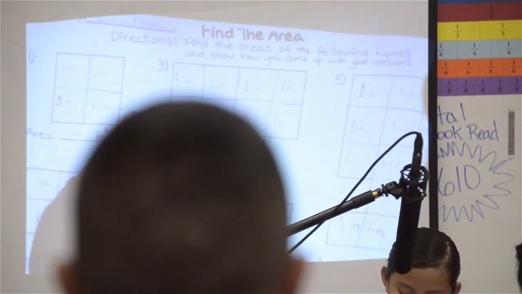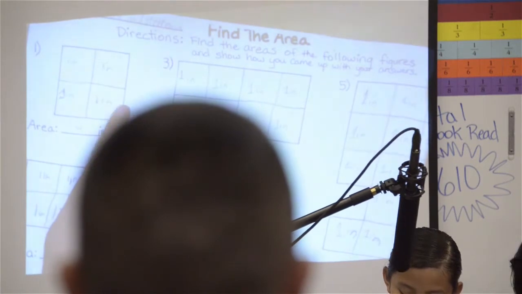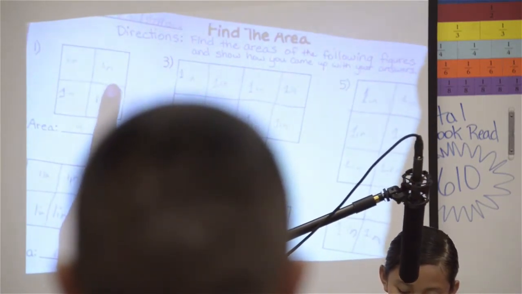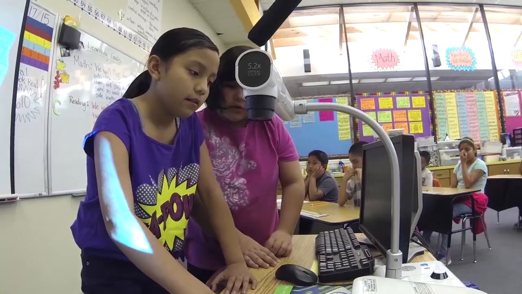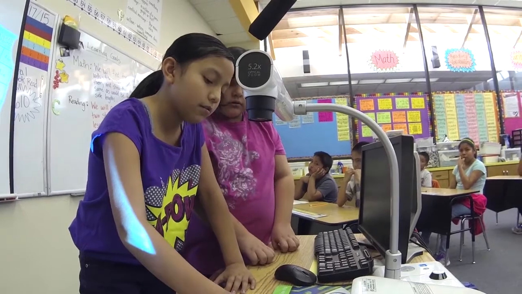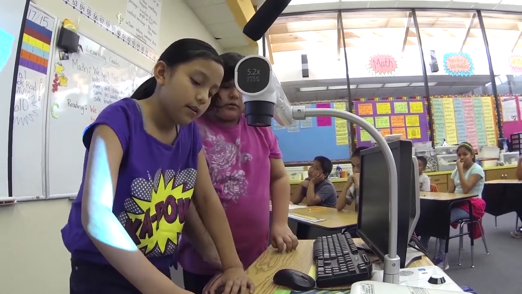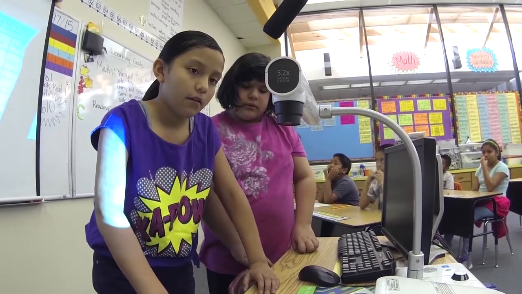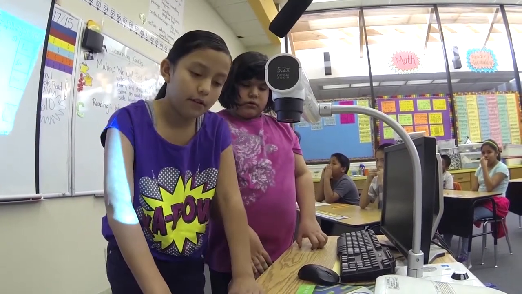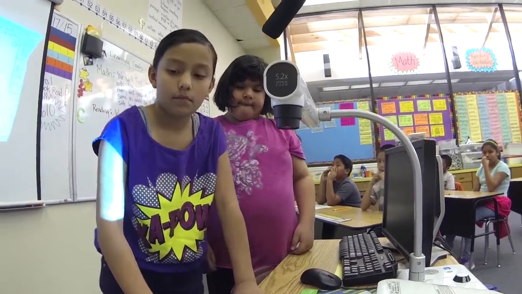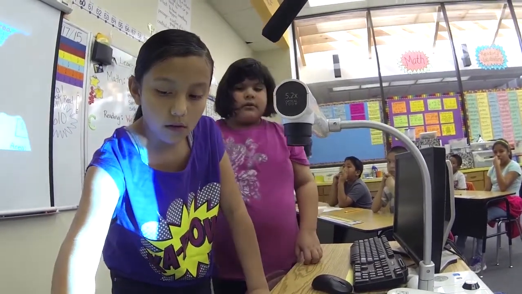And then we split it in half, and we got 4 square inches. And for number 3, there's the tiles right there. Show them how you did it when you were telling me.